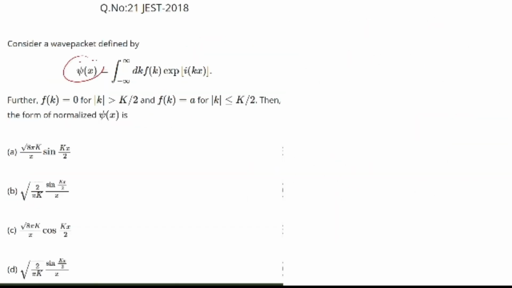Next, psi of x is given, just integrate it. f of k is given: 0 for mod of k greater than k by 2, and it is a when mod k is less than or equal to k by 2, that means k runs from minus k by 2 to plus k by 2.